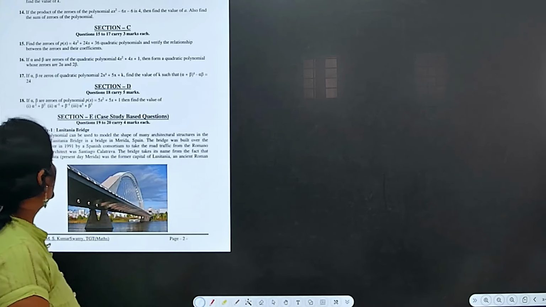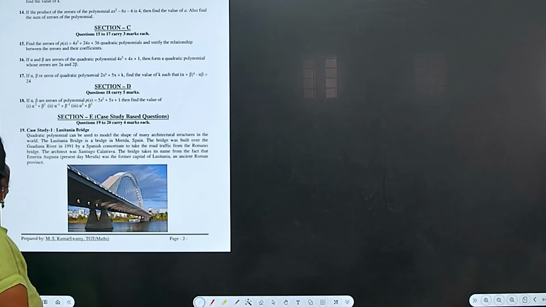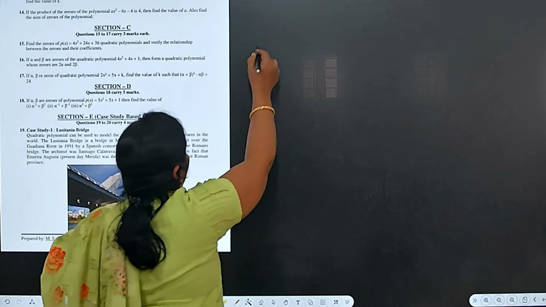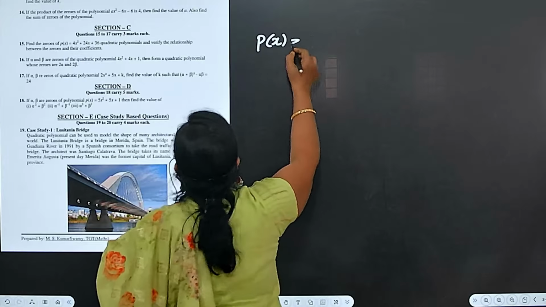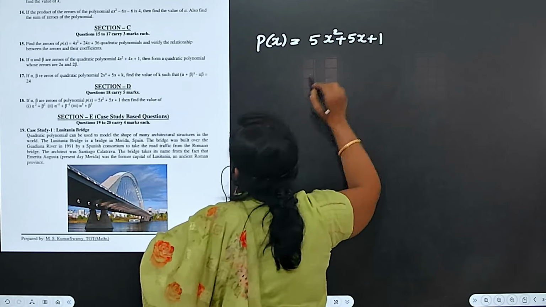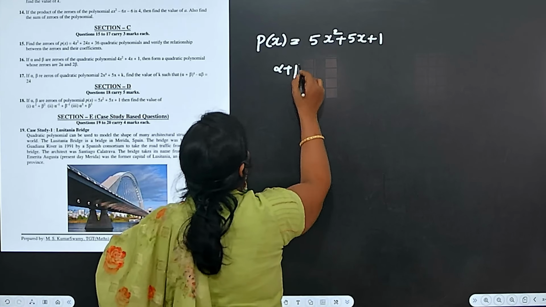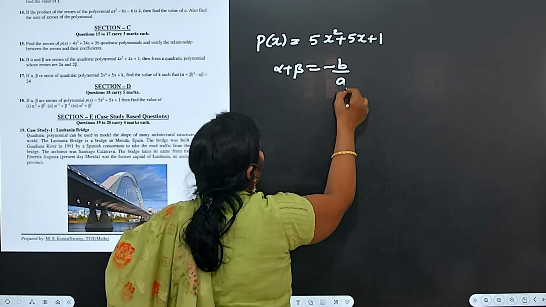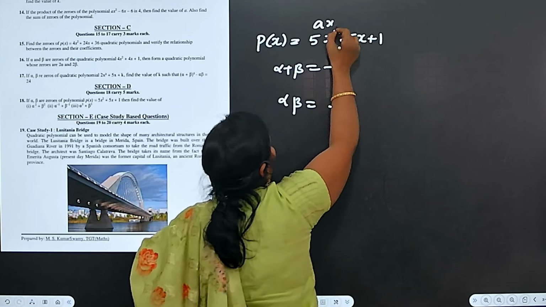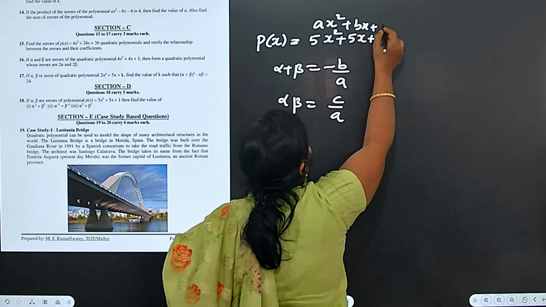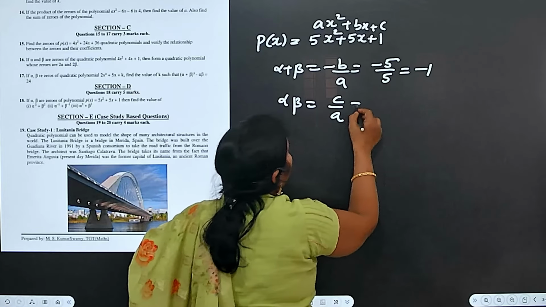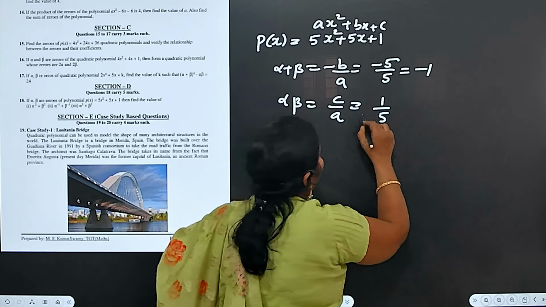Eighteenth question, section D, 5 marks question. If alpha comma beta are zeros of the polynomial p of x equal to 5x square plus 5x plus 1, alpha plus beta equal to minus b by a, alpha beta equal to c by a, it is ax square plus bx plus c, equal to minus 5 by 5 equal to minus 1, c by a, that is 1 by 5.